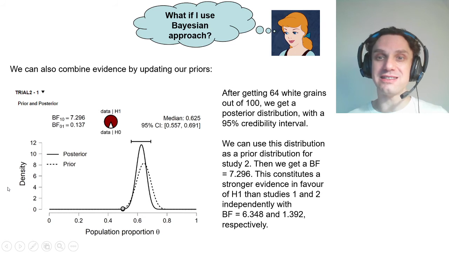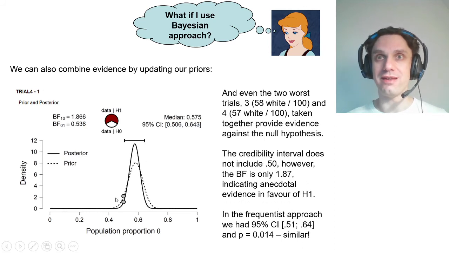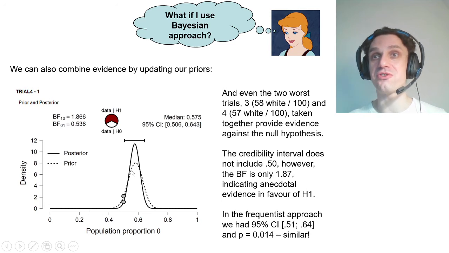Now what happens if we combine two weaker trials, two trials where we didn't get a significant result? I have taken here the results of trial 3 taken independently, and I added trial 4.